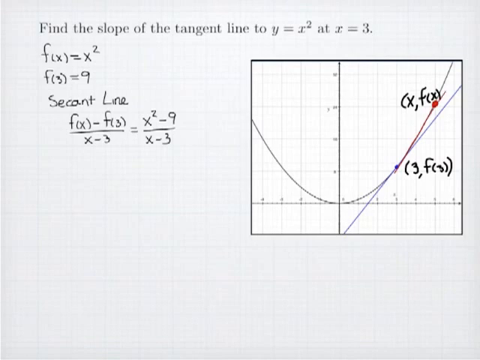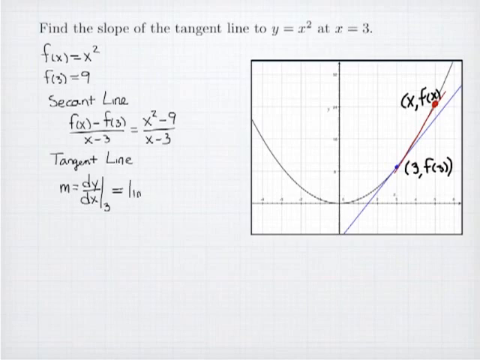The slope of the tangent line is the limit, the slope defined as the derivative at x equals 3.